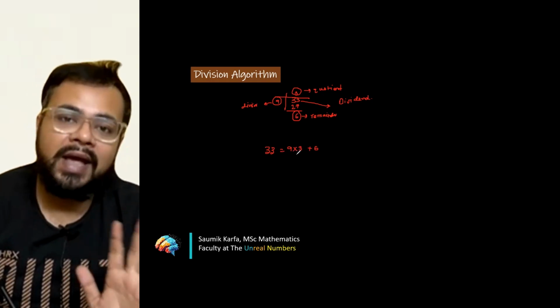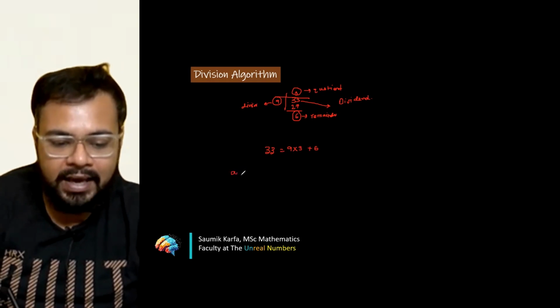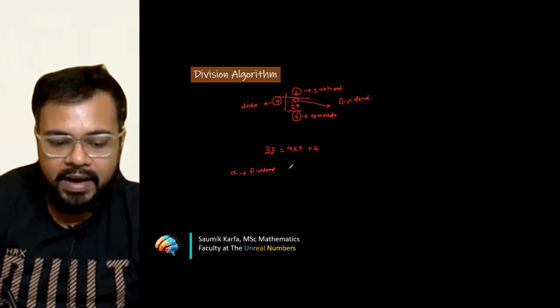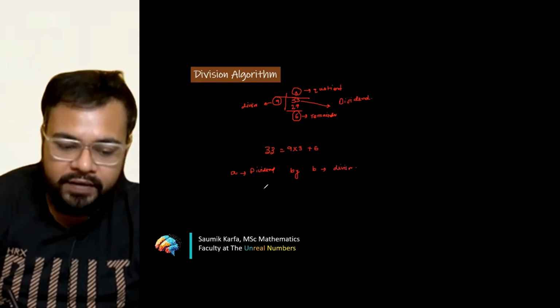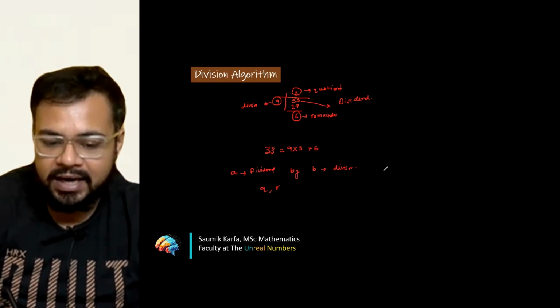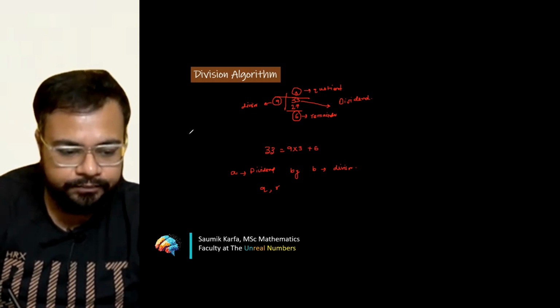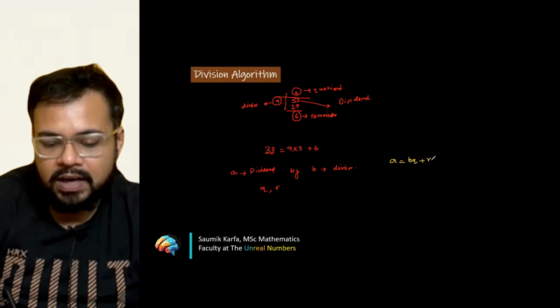And it happens for any two numbers. For example, when you are trying to divide a number A, which is the dividend here, by a number B, which is the divisor here, you'll always get two unique numbers Q and R, such that they will satisfy this equation. A is equal to BQ plus R.